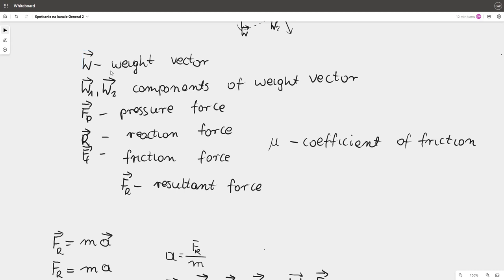W is weight vector. W1 and W2 are components of weight vector. Fp is pressure force. R is reaction force. Ff is friction force. Fr is resultant force. μ is coefficient of friction.